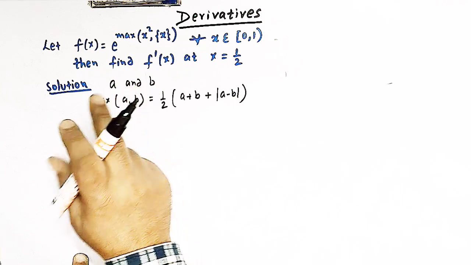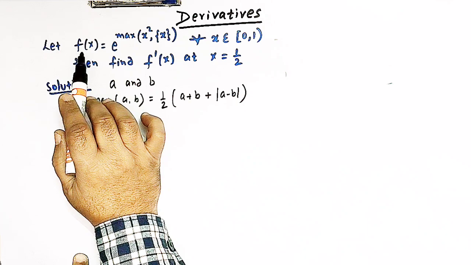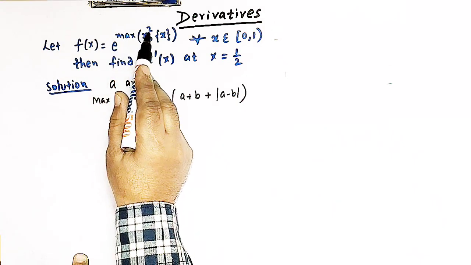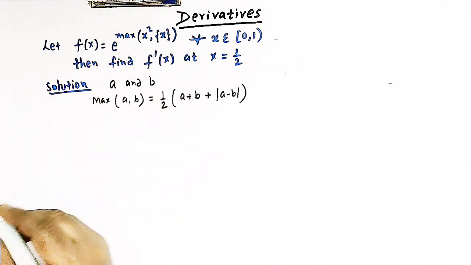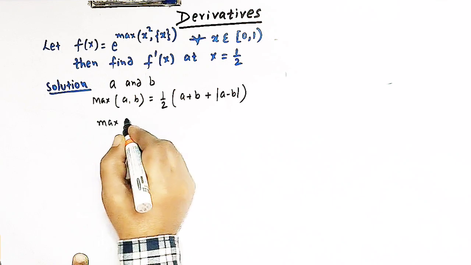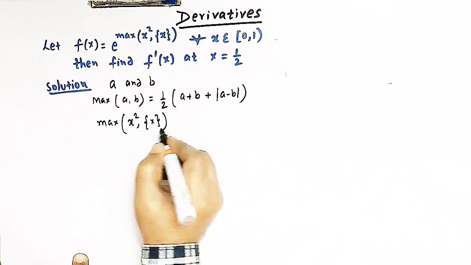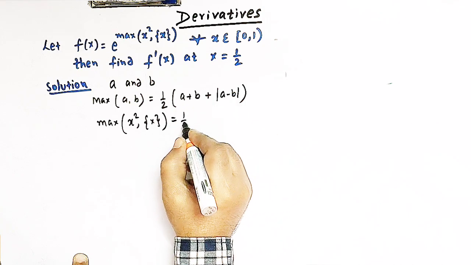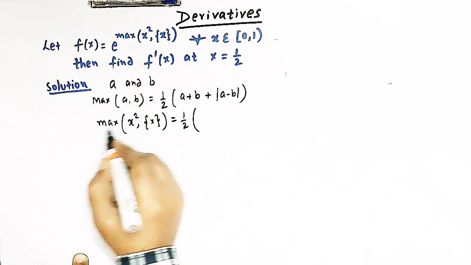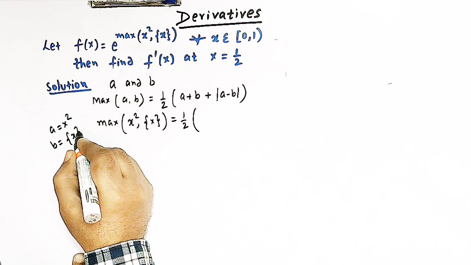Here we'll first simplify or modify this function f of x using this result. So here we have the maximum of x square and fractional part of x, right? We can write the maximum of x square and fractional part of x using this result as half, and then we can take a is equal to x square and b is equal to the fractional part of x.